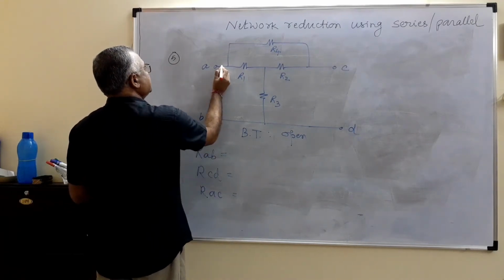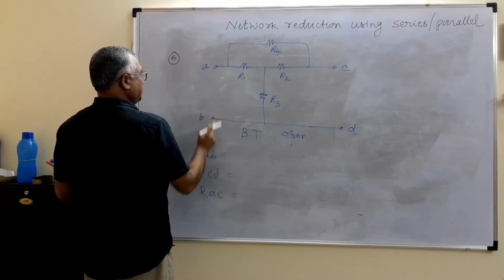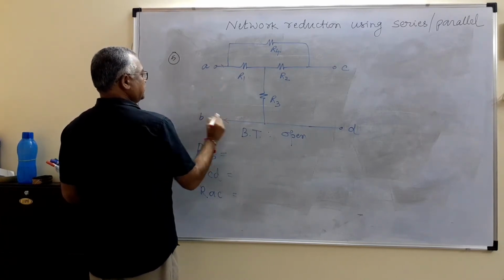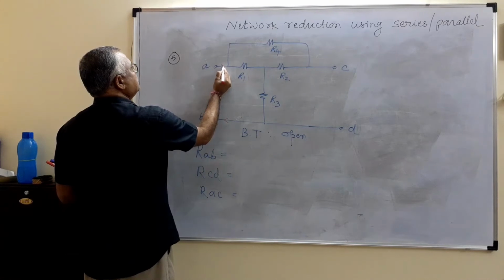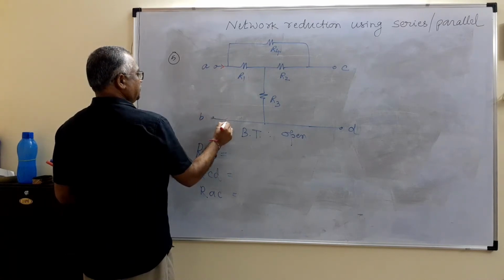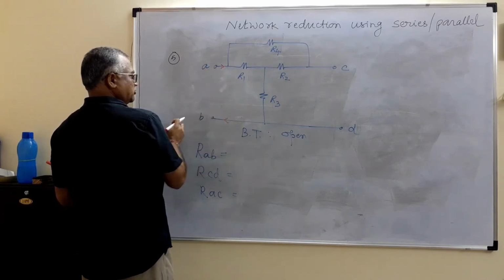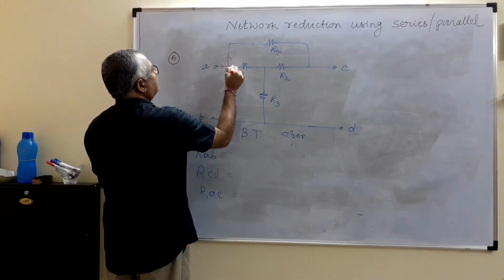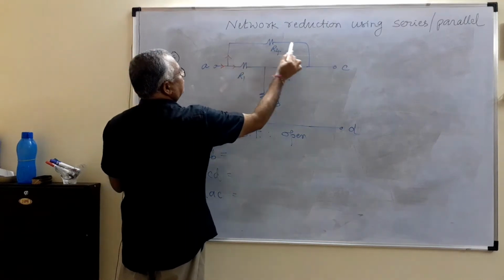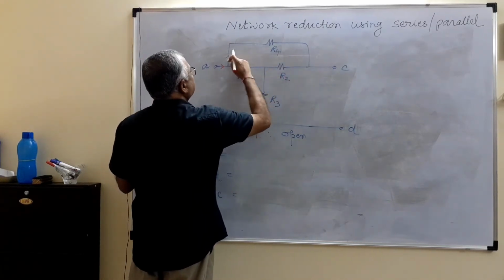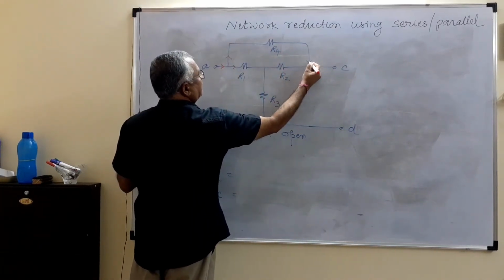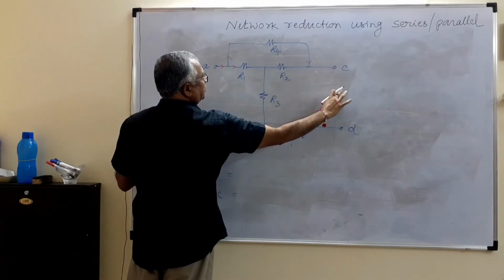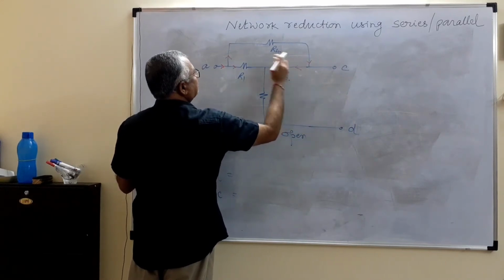So imagine we are sending current from A. We want RAB, this current should come back to B. So how is this current distributed? How is it coming back to B? So this current is dividing here. This current will come up to here. This current same will come here. Any current coming here? No, it is open. So what is the current here? Same.